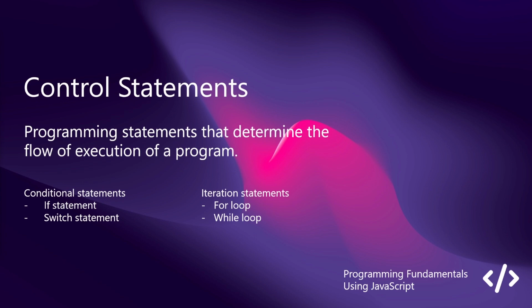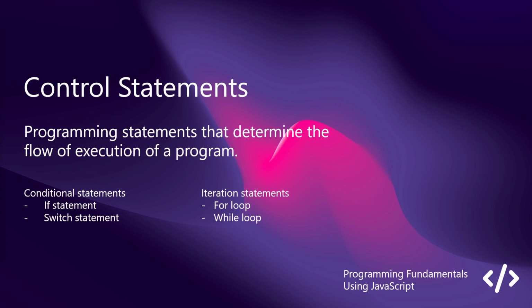Under the conditional statements, you have the if statement, and it's basically posing a question like, if something is true or false, then we should take a certain line of action, but if it's not true, take another type of action. The switch statement, on the other hand, checks a value and has corresponding actions for the possible states of that value.